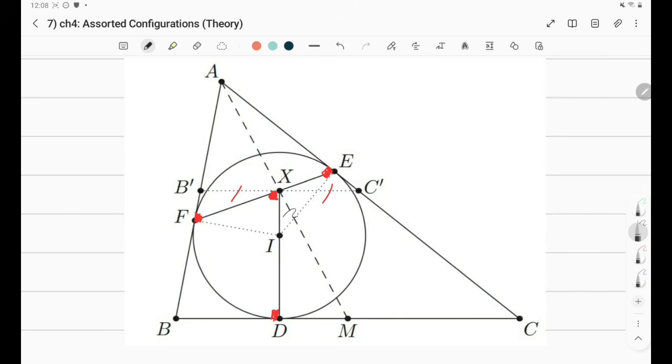So in other words, our goal is to show that I lies on this perpendicular bisector of B prime, C prime. Okay, how can you show that this I lies on the perpendicular bisector? Well, what does I even represent here? Of course, we know I is the incenter, right? But what does it represent to B prime, C prime, A? If we join AI, then we already know that this is an internal angle bisector.